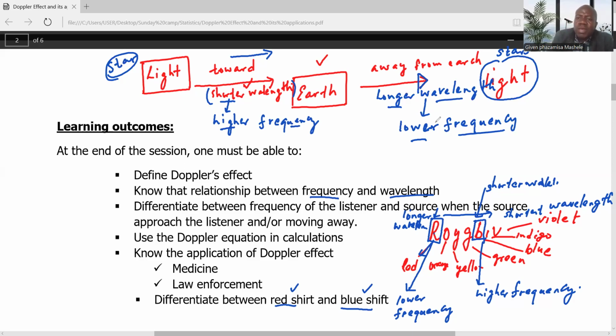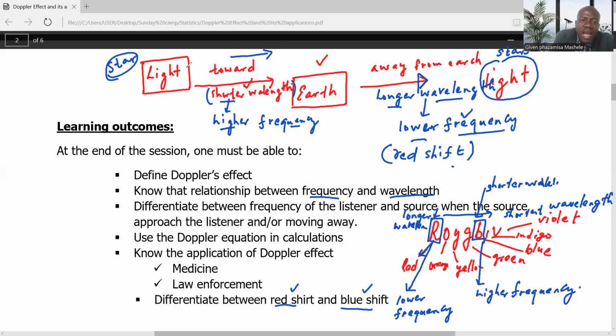So when the stars are moving away from the Earth, this is what you call a red shift. Why a red shift? If they're moving away from the Earth, they have a longer wavelength, and the frequency becomes lower. Red color, we know, has a longer wavelength but a lower frequency as compared to blue.